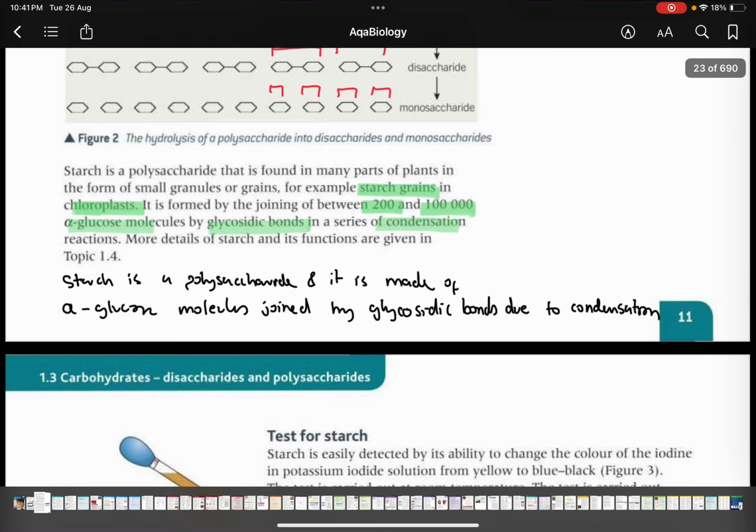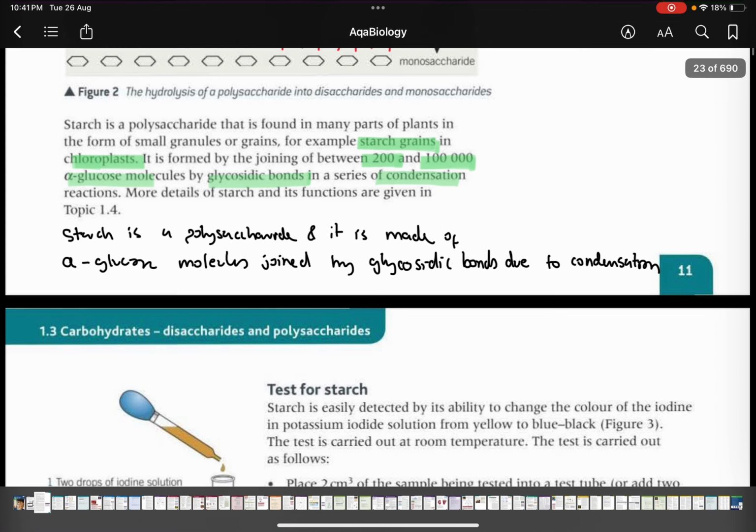Starch is a polysaccharide that is found in many plants in the form of small granules or grains. For example, in chloroplasts, you have small starch grains. It is formed by the joining of between 2 and 100,000 alpha-glucose molecules joined by glycosidic bonds in a series of condensation reactions. So once again, starch is a polysaccharide.